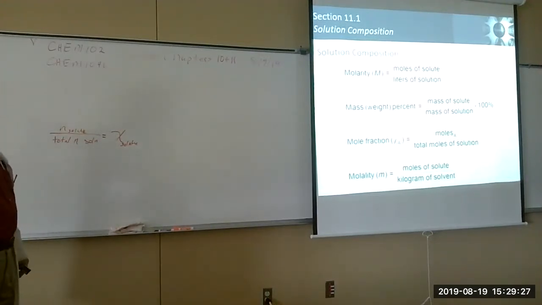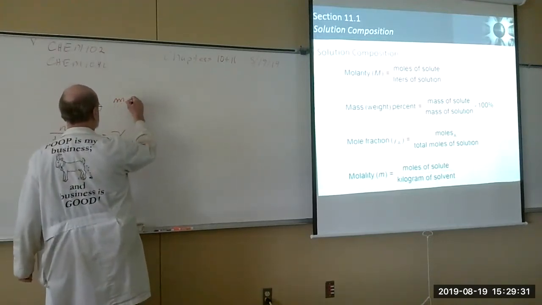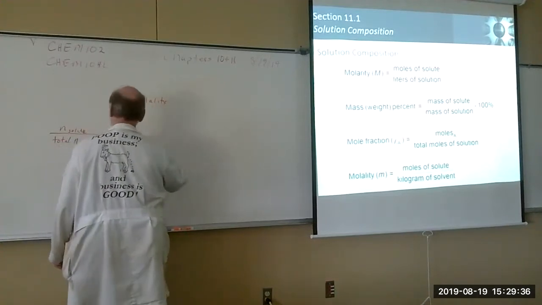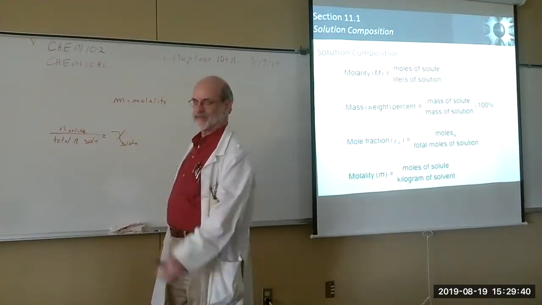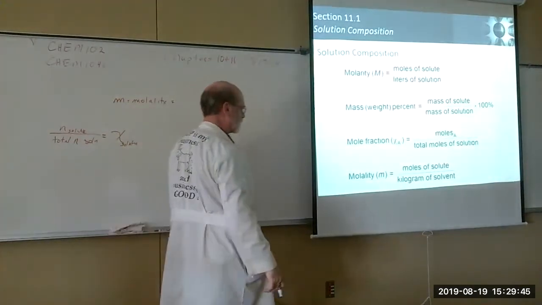And then molality, we covered that a little earlier. Little m equals molality. Everything's a little m. Yeah, I'm sorry. Little m for mass, little m for molality. That's why I wrote this up here, so it wouldn't make that mistake.